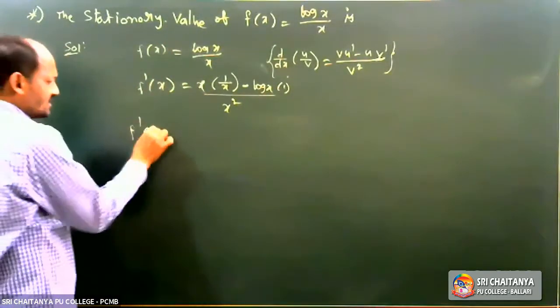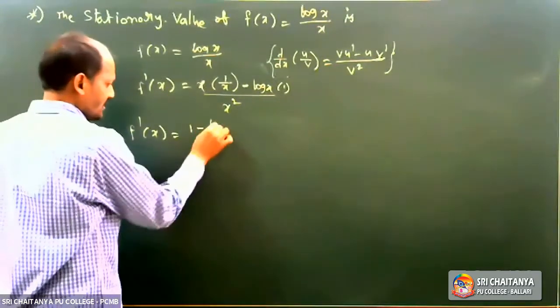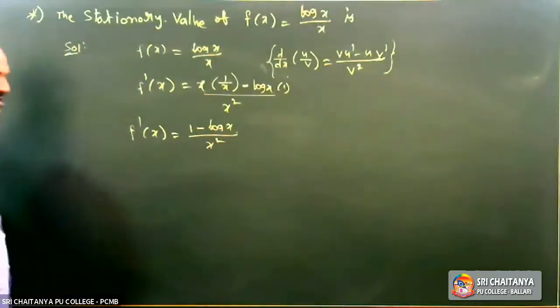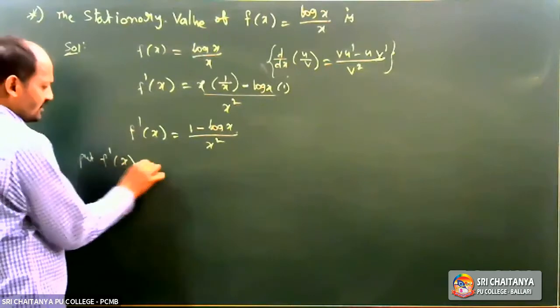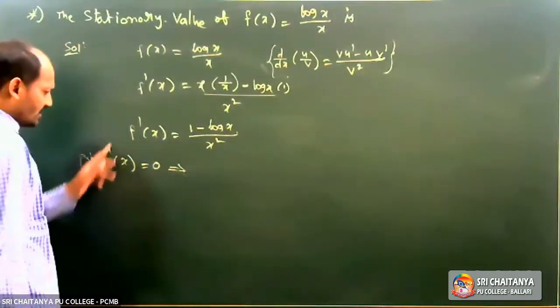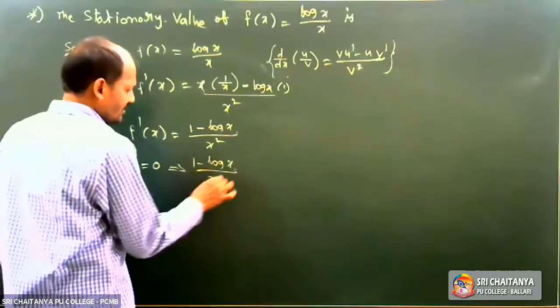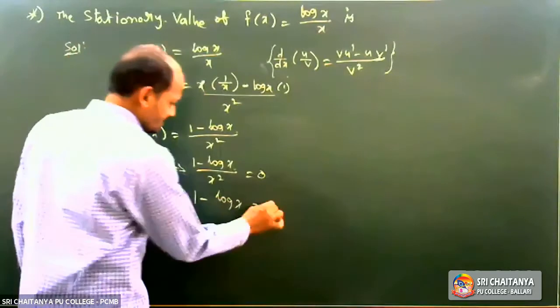So f dash of x is equal to x by x which is 1, minus log x, divided by x square. For maxima or minima, the first derivative is equal to 0. If the first derivative is equal to 0, then 1 minus log x divided by x square equal to 0, so 1 minus log x is equal to 0.